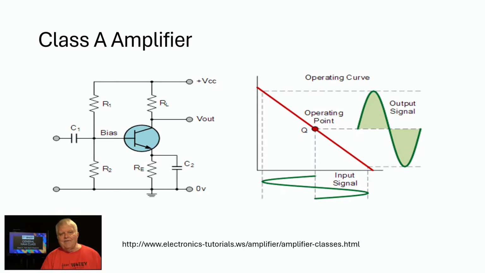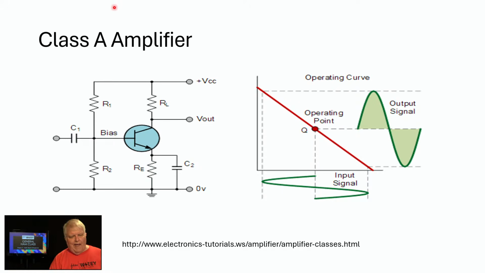So Class A amplifiers. Now we're talking about a transistor here, but this could be used in the output section, for example, of an RF power amplifier. A Class A amplifier is biased or set up such that for an input signal, the transistor will create an output signal at a higher level that fully corresponds to the positive and negative peaks of the input cycle.